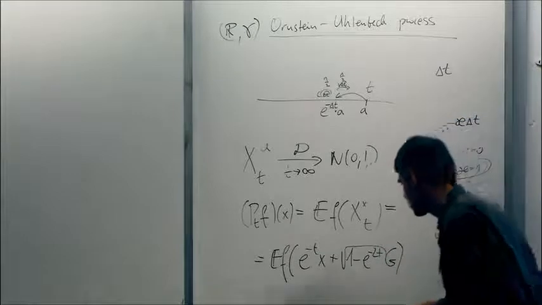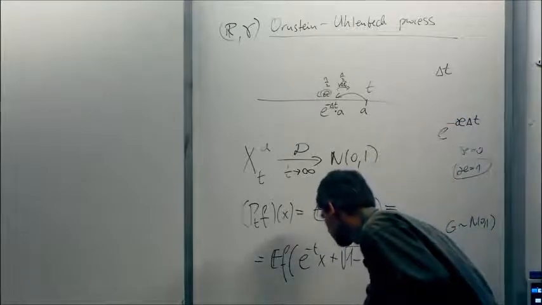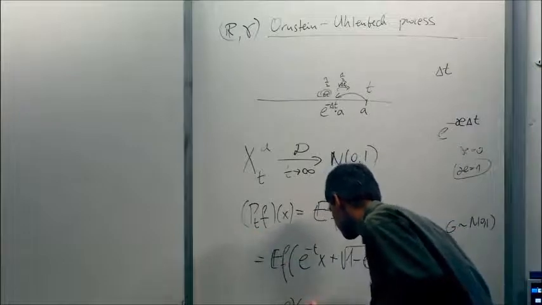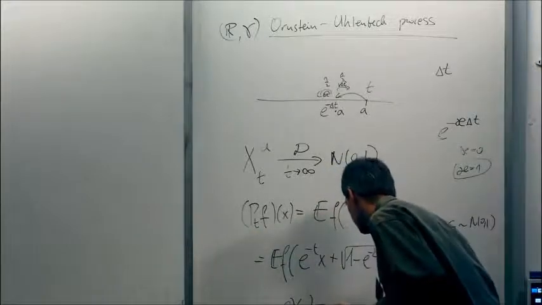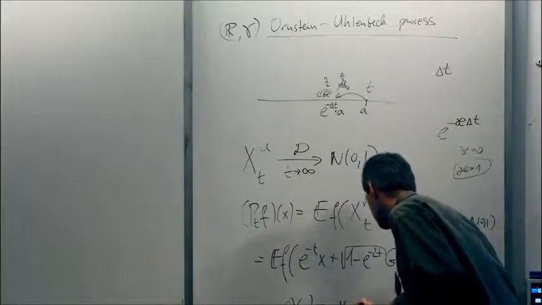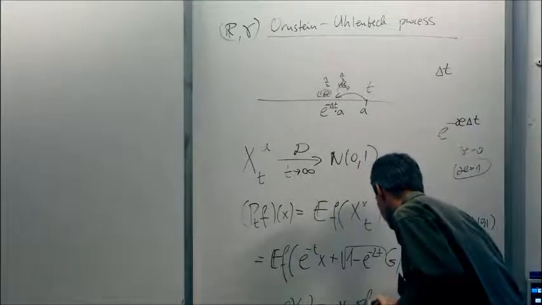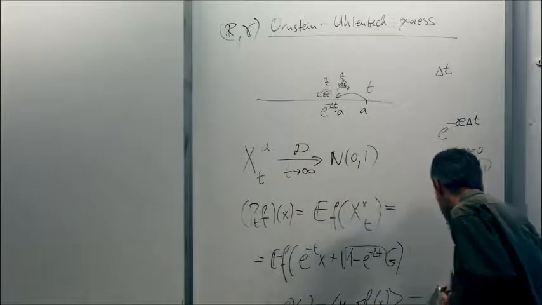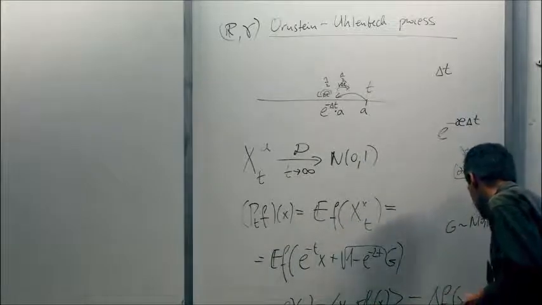And what is the generator in this case? So I will not make the computation, but the generator at point x is x scalar product with the gradient of f at point x minus the Laplacian of f at point x.